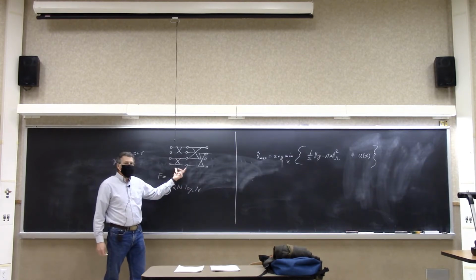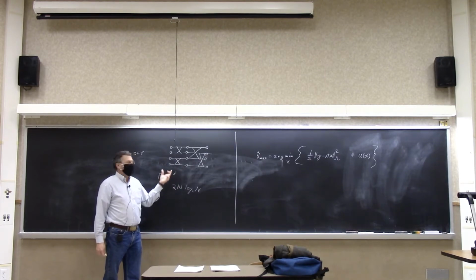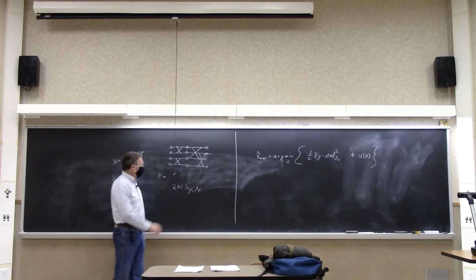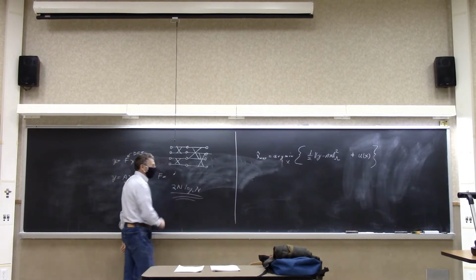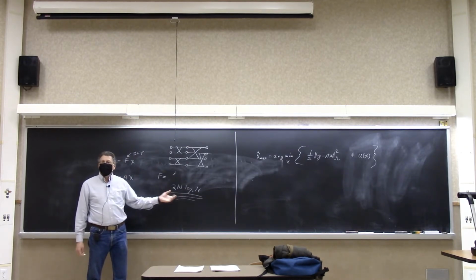And how many layers are there? Well, there are log base 2 layers. If it's a 4-point DFT, there are 2 layers. If it's an 8-point, there are 3. If it's 16, 4. So this is the number of multiplies. It's really a composition of sparse transformations.